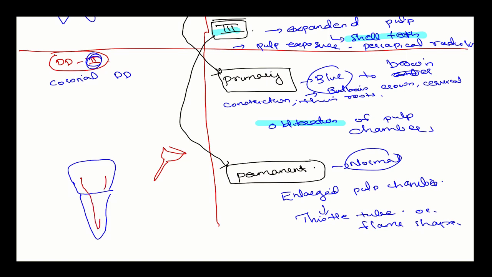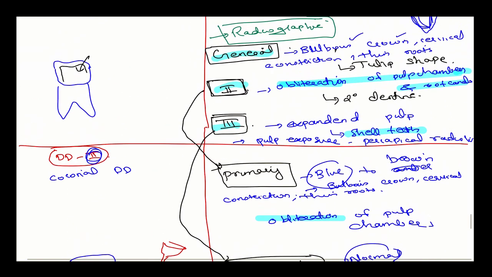It's an expanded pulp chamber here, and when it comes down, there's a constriction. It's almost like normal, but actually it is a bit expanded. It's constricted here and expanded there. So this will give you a thistle tube or flame shaped appearance. So that's the slight difference.